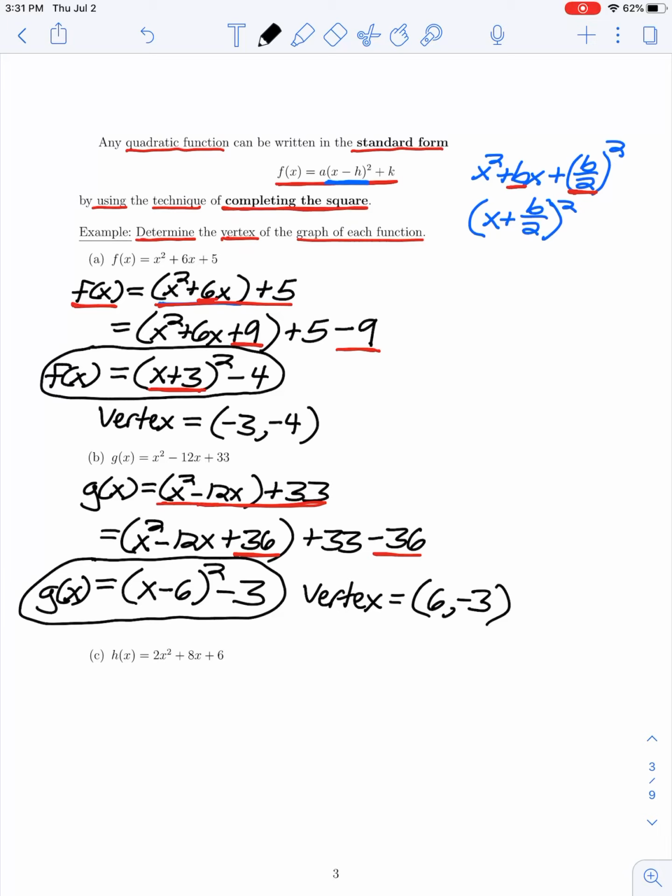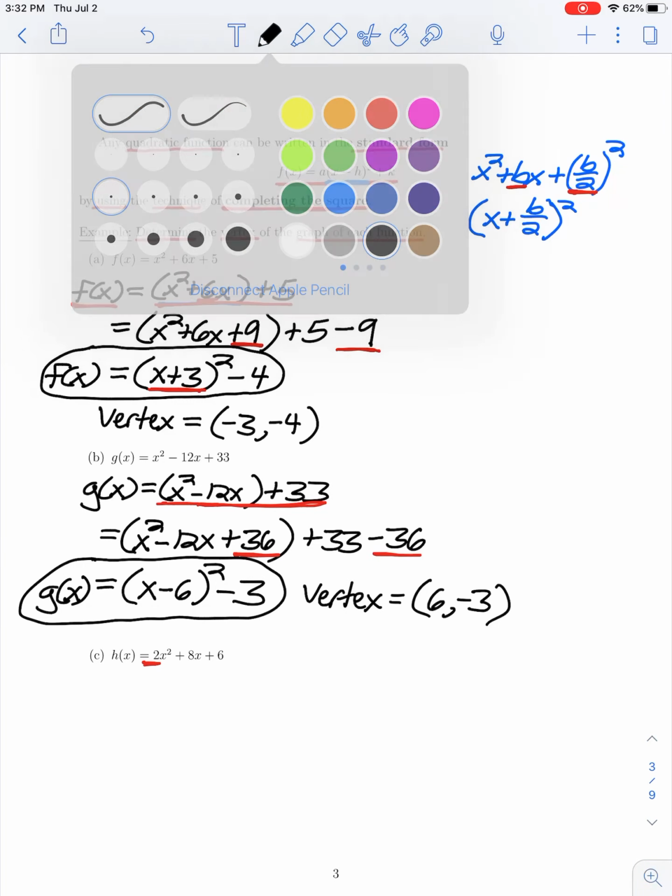All right. So in part C, we have a function h of x given by 2x squared plus 8x plus 6. So let's think about how we can handle this one. This one's a little bit trickier because here I have a coefficient in front of my x squared term that's something different than 1.